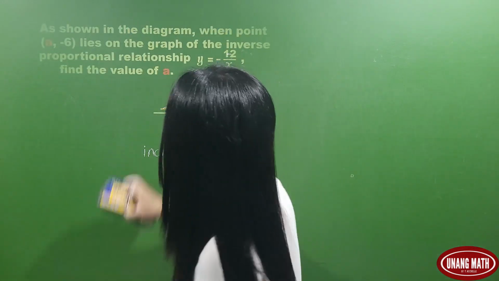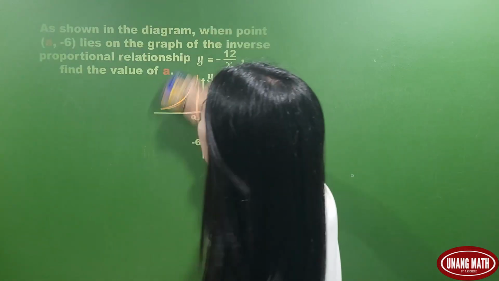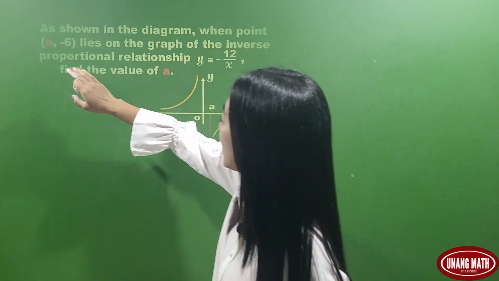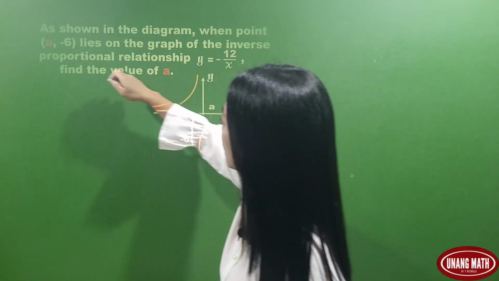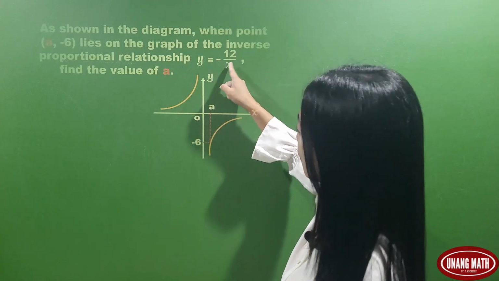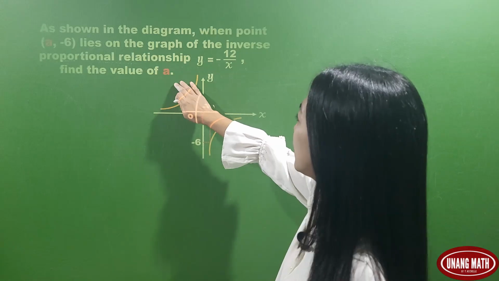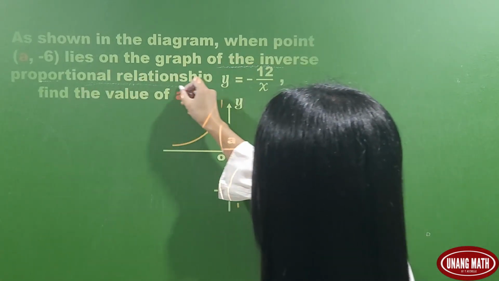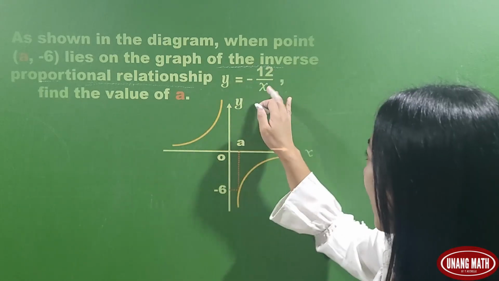Okay, now let's answer this simple problem. As shown in the diagram, when point A, negative 6, lies on the graph of the inverse proportional relationship y is equal to negative 12 over x, find the value of a. So this is the graph of the inverse proportional relationship y is equal to negative 12 over x.